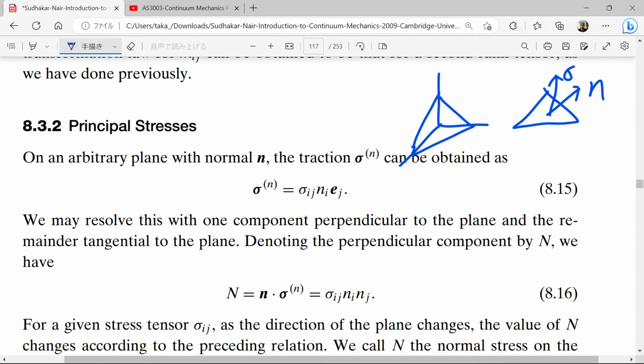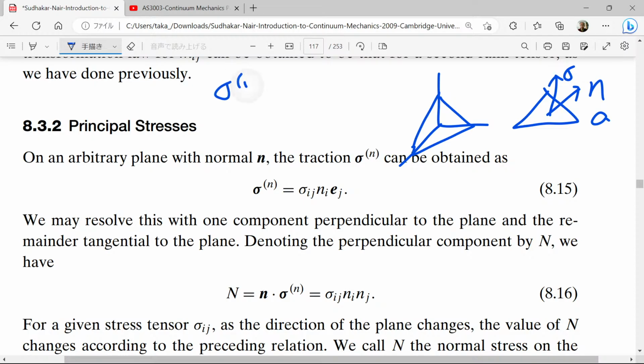You have area A. It's complicated. Okay.